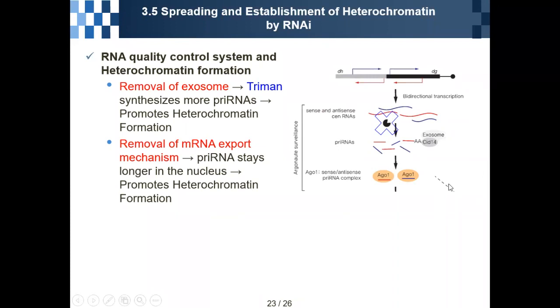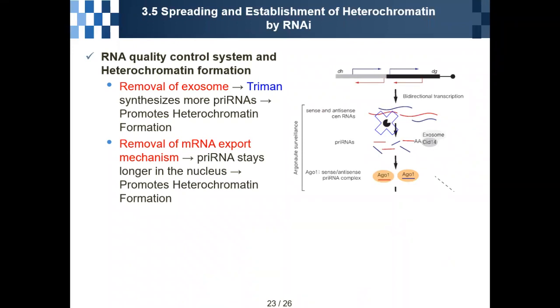How about another system? This is single-stranded RNA, and pre-mRNA is single-stranded RNA, and in the nucleus we have the mRNA export mechanism. Especially, they recognize single-stranded RNA and export that RNA to the outside of the nucleus.